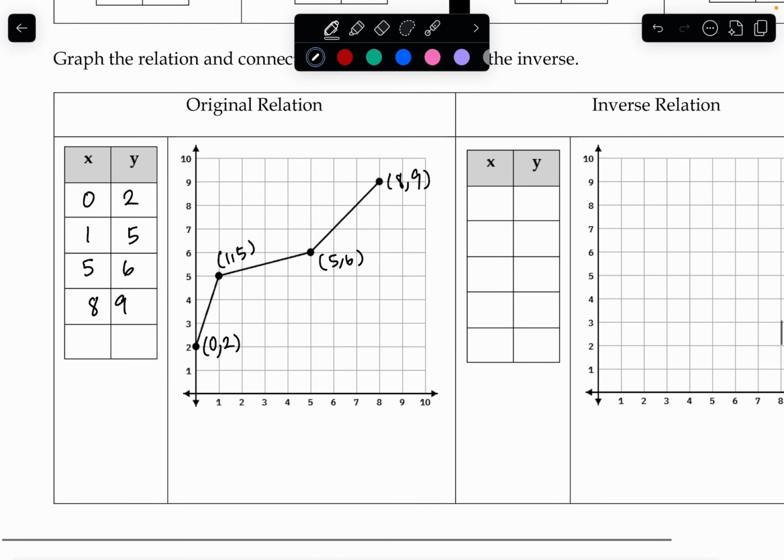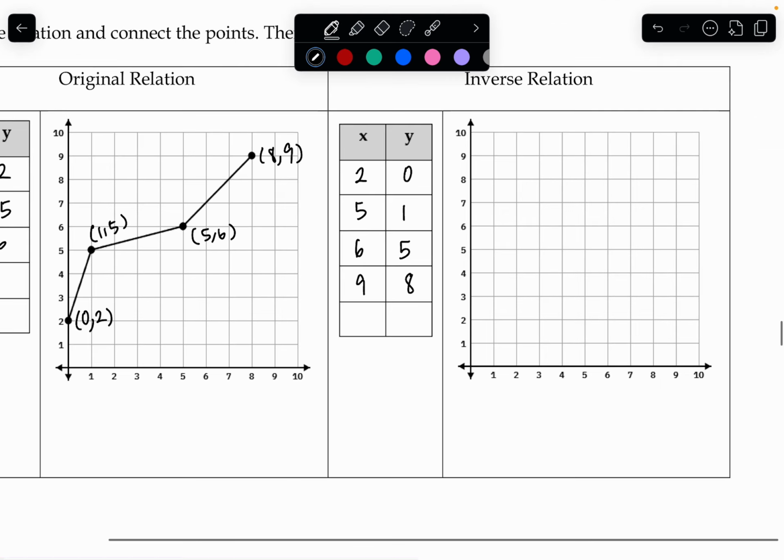For the inverse relation, the y's are going to appear in the x column, and the x's are going to appear in the y column, and we're going to regraph them. So now we have 2, 0. Our y-intercept became an x-intercept. We have 5, 1.